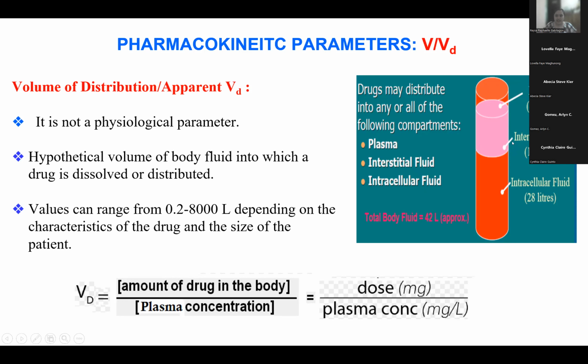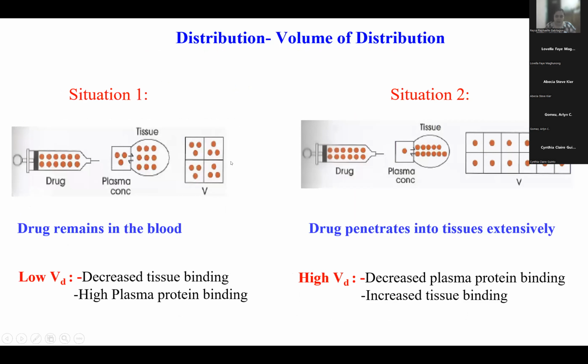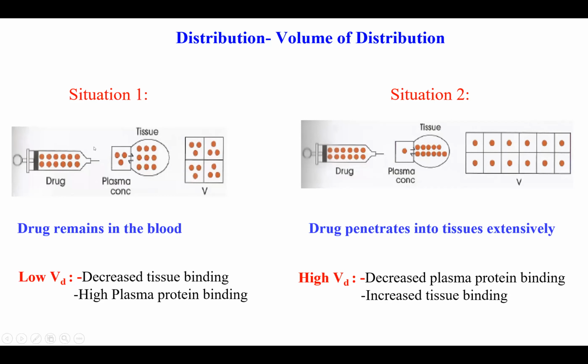But if it is approximately 10 liters, the drugs are being distributed in the interstitial fluid. And if masyadong malaki, then the drug is in the intracellular fluid. Okay, so that is just the distribution of the drug to our body fluids. The body fluids are being treated as a compartment. Okay, so ganito.